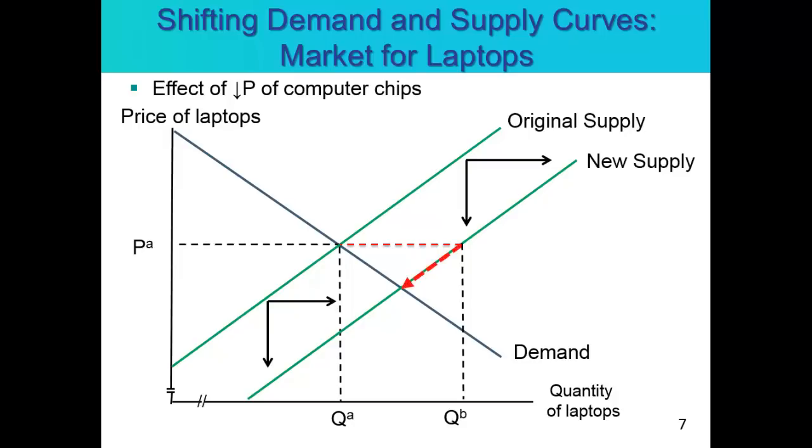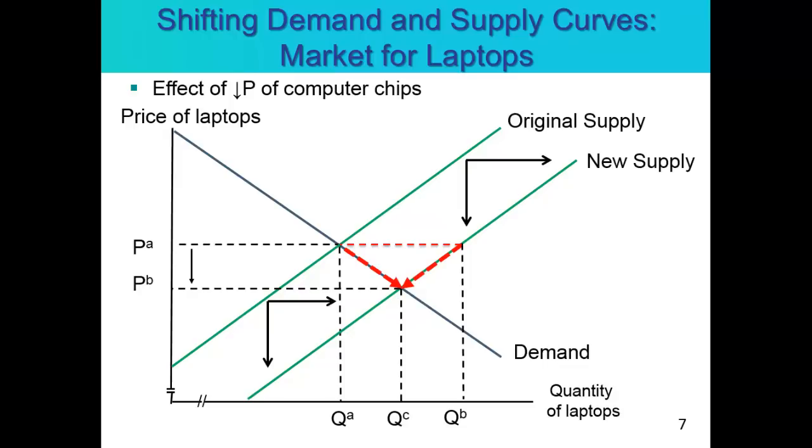As the price falls, the quantity supplied decreases, and as the price falls, the quantity demanded increases. So notice you had those movements along the supply and the demand curves until we get to a price where, at this new price of PB, the quantity demanded is equal to the quantity supplied.